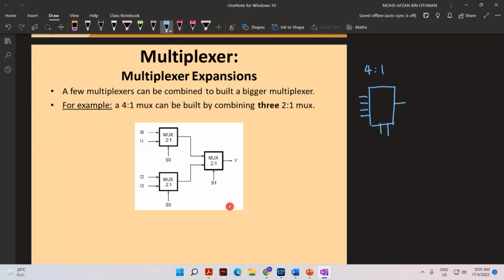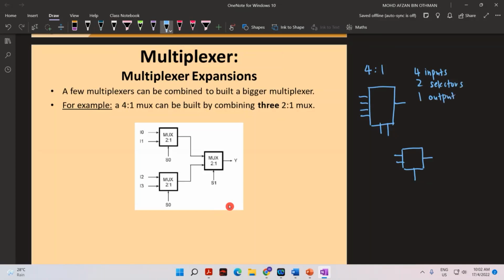How to make the 2:1 mux so that it becomes 4:1 mux? Mula-mula kita ambil satu dulu 2:1 mux. Yang ni ada 4 inputs, 2 selector, 1 output.